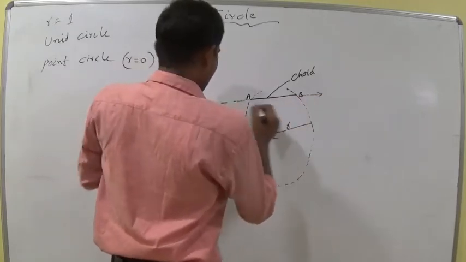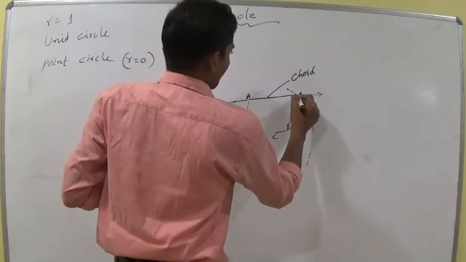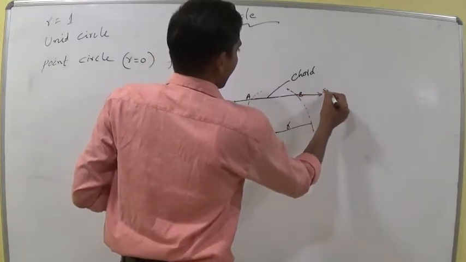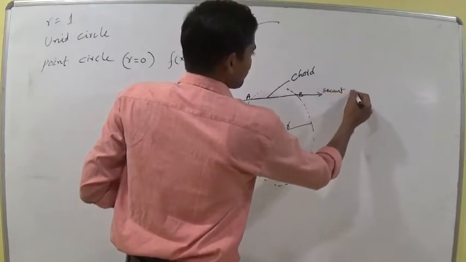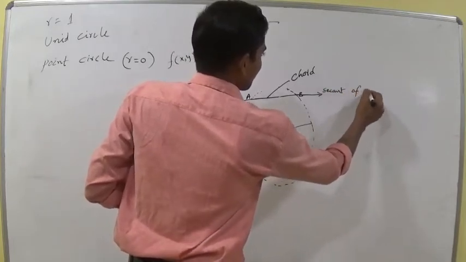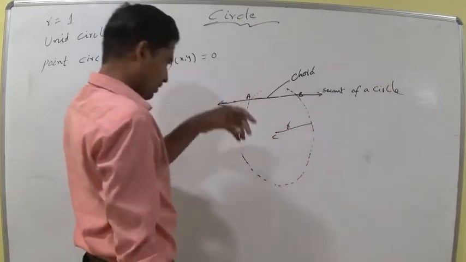Now this is a secant. Right? Secant of a circle.